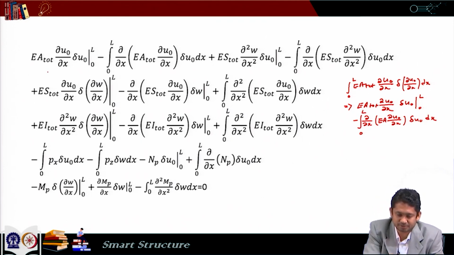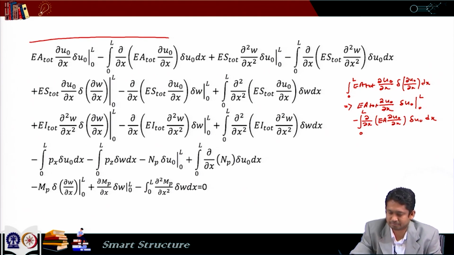So, we can see these terms here; these terms come from this.